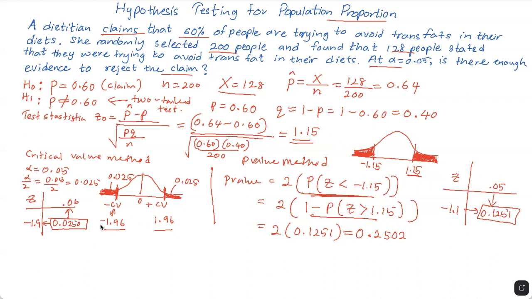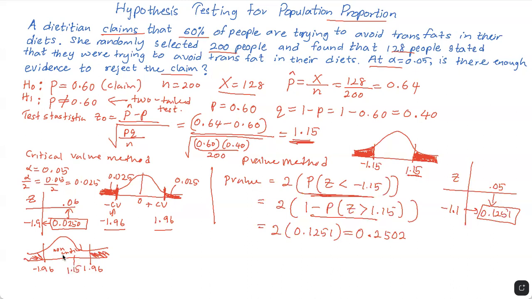And then let's make the decision of this test. As you can see, we have two critical values, negative 1.96 and positive 1.96. These are critical regions. And this is the non-critical region, right? Look at the test statistic value. It is somewhere around here, right?